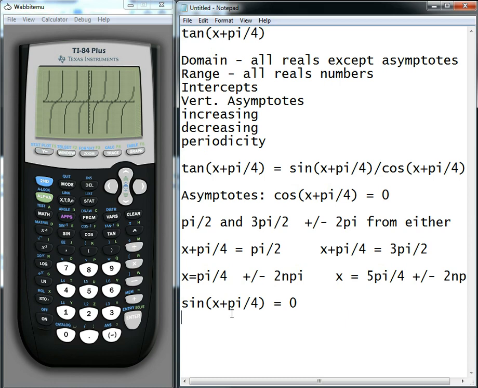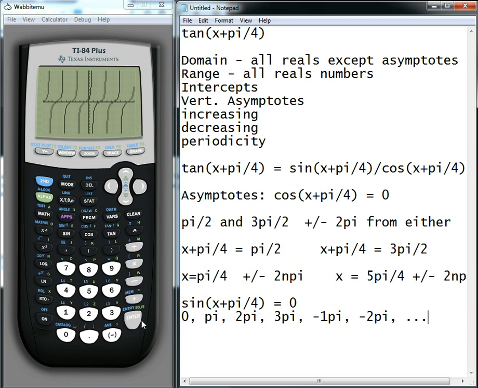So it starts at 0 and pi, and then 2 pi, 3 pi. So anything in the form of n times pi, and it would be negative as well. So we've got 0, pi, 2 pi, 3 pi. Of course, you can go the other way too, negative pi, negative 2 pi. So anything with an integer times pi is where it ends up being 0.